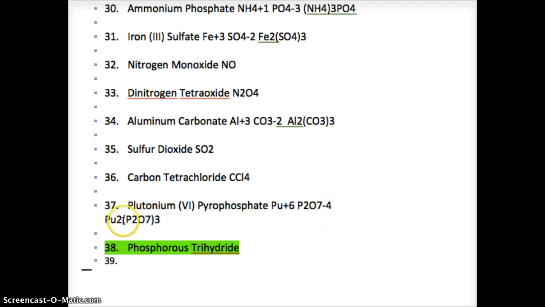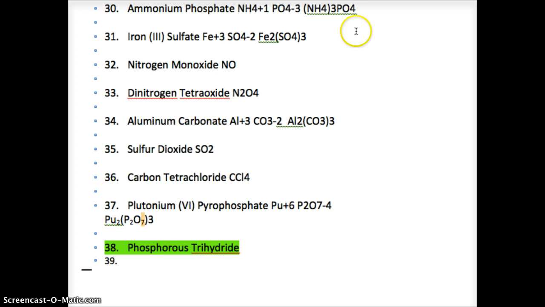So we take a look. 2 times 6 is 12, so there's 12 electrons being given. 3 times negative 4 is negative 12. That's 12 electrons being taken. We're balanced. Pu2, I'll make it look right for the very last one, (P2O7)3.